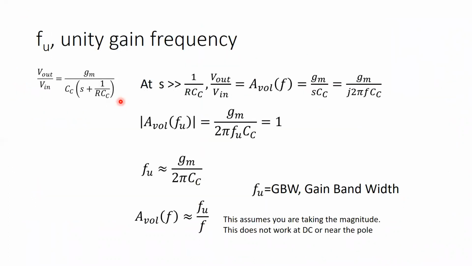So some more things. FU is the unity gain frequency, and we can go through some algebra. And we have this figure of merit GM divided by 2 pi with that feedback capacitor. Now the thing is these are the equations you would use if you were making your first pass of an op-amp design, meaning you're an engineer at Linear, Maxim, Analog Devices, Texas Instruments, and you're trying to figure out where you want your gain bandwidth to be.